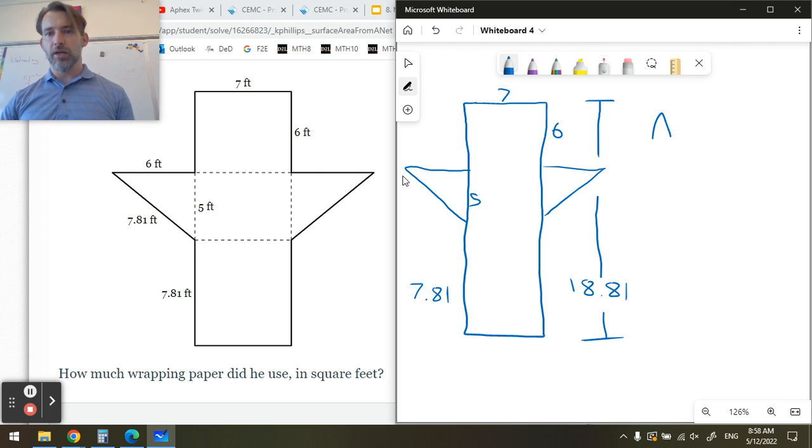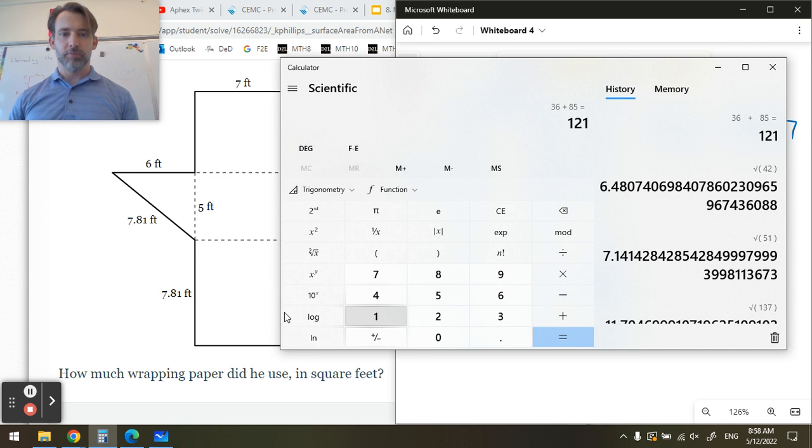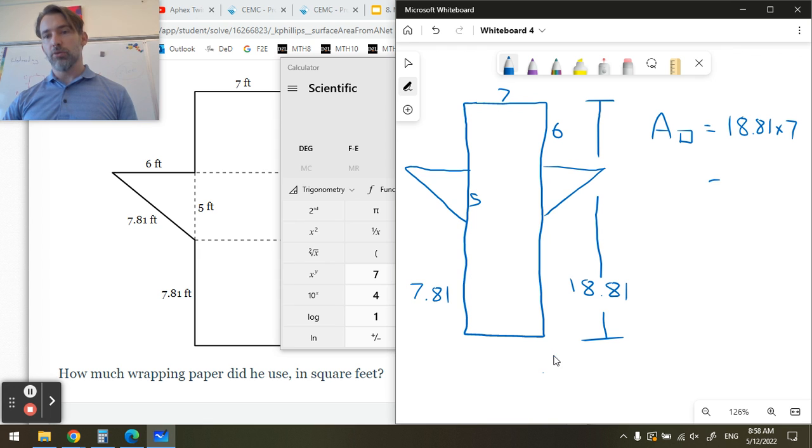So the area of that rectangle is equal to 18.81 times 7. Don't do that in your head. Do that on a calculator. 18.81 times 7 happens to be, make a guess first. I'm going to guess that it's about 130, 131.67.